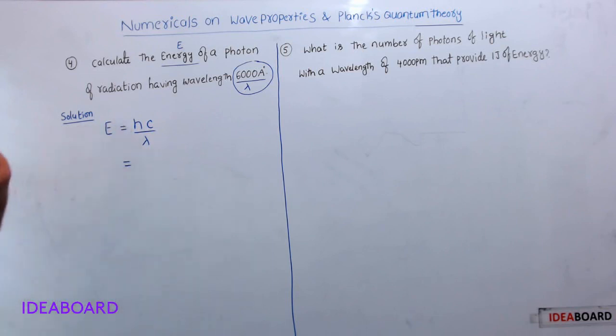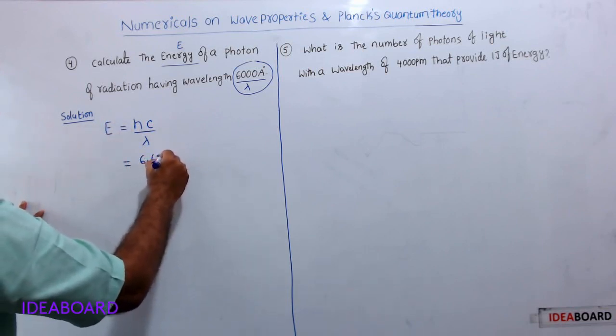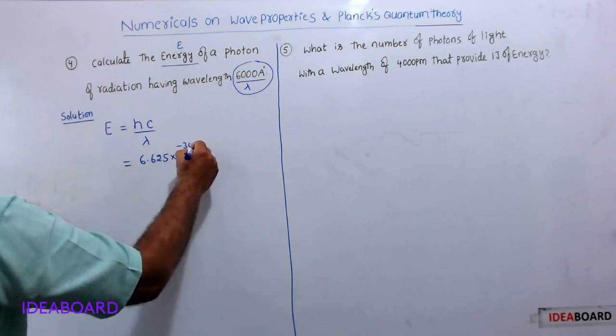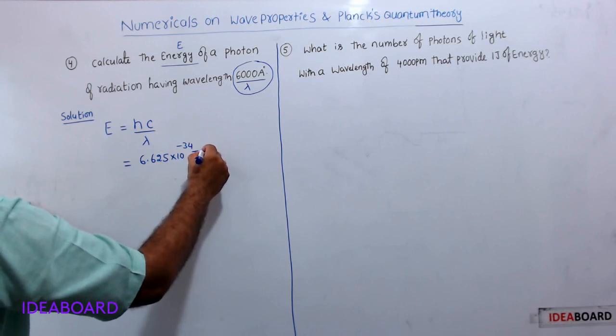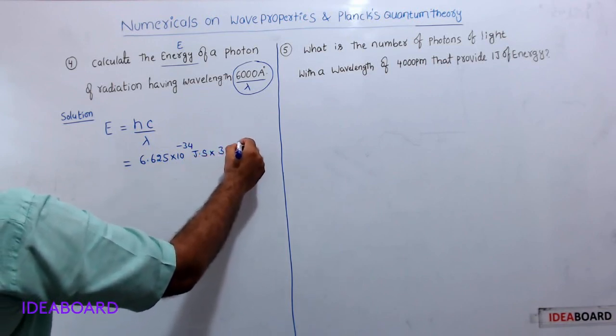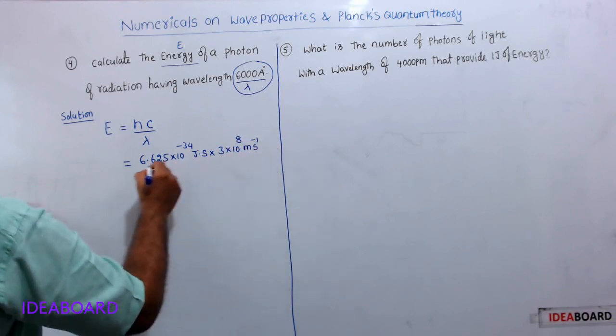Here the h value, Planck's constant, is 6.625 into 10 power minus 34 joule second. Light velocity is 3 into 10 power 8 meter per second.